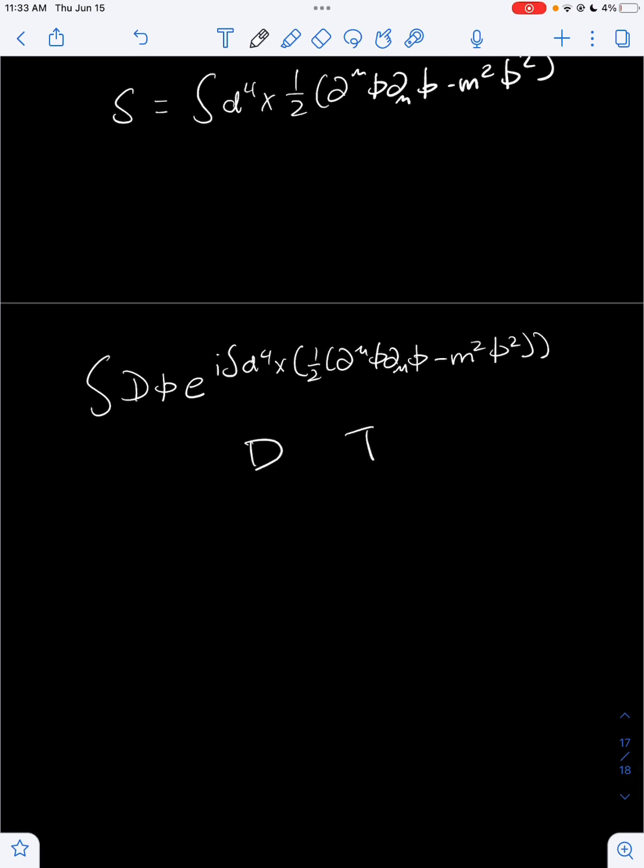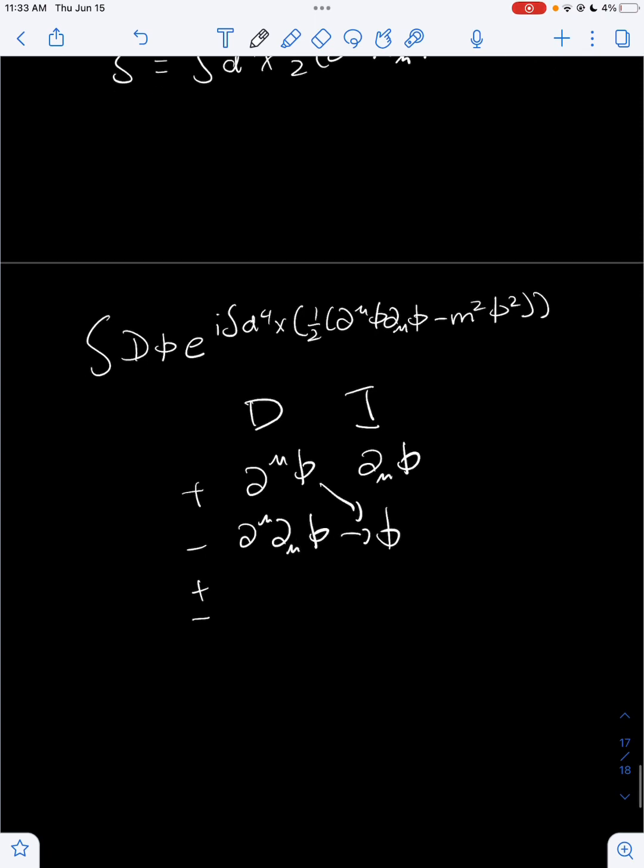So we take the derivative of partial mu phi, and then the integral of partial mu phi. This is going to give us the second derivative of this. So this gives us phi partial mu phi minus phi, and then the integral of this over the volume.